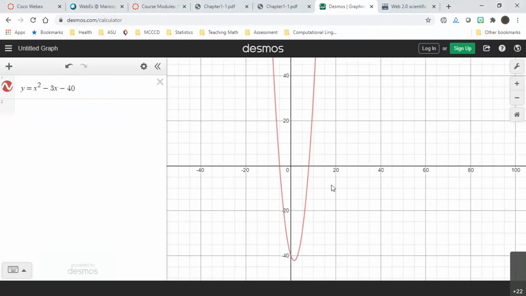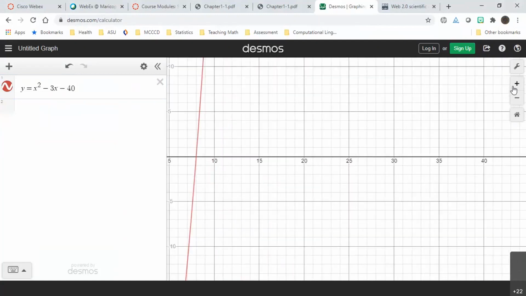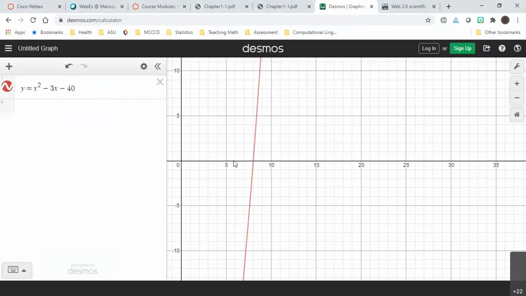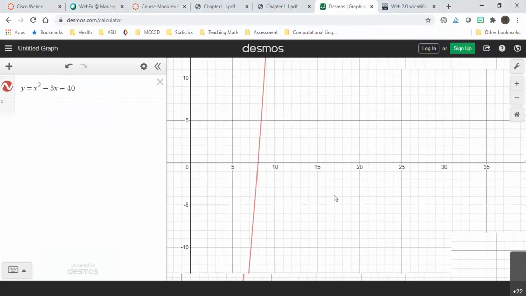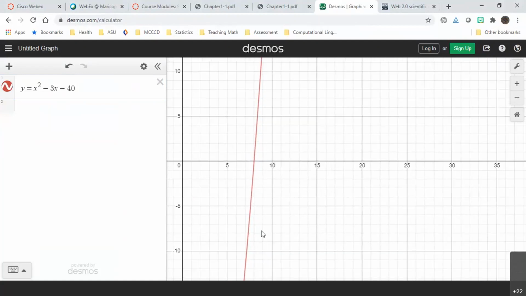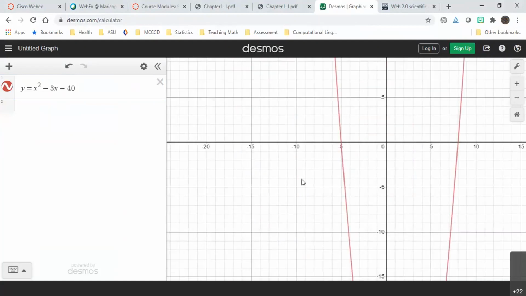And remember, we wanted to know the value when x was 6. If you want to zoom in a bit to see where 6 is, here's 6. I guess it was -6 I was looking at.